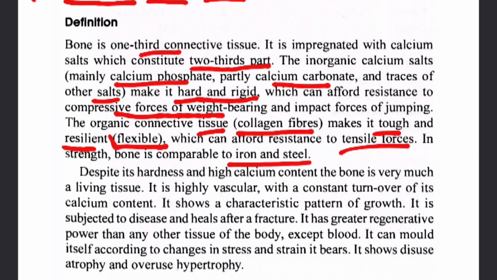Then we talk about other things, like bone is very much a living tissue. How? We'll study. Because it is highly vascular with a constant turnover of its calcium content, it shows a characteristic pattern of growth. It grows, okay, it heals, it fights the diseases, okay, after a fracture or any problem.